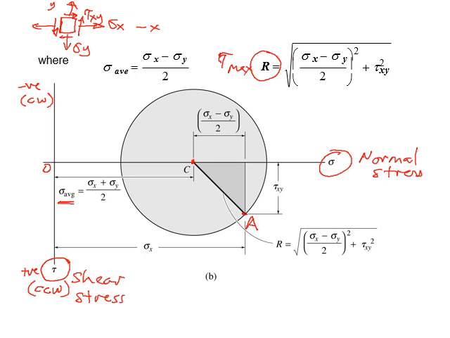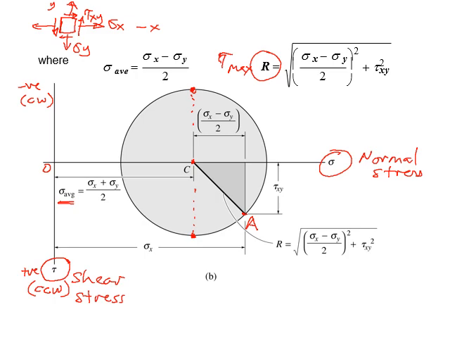So we know that tau max is the radius of the circle. The largest value for that is down here and also up here, except that at the bottom it is positive and on top it is negative, but the magnitude is the same. The direction is different, one is positive, one is negative.